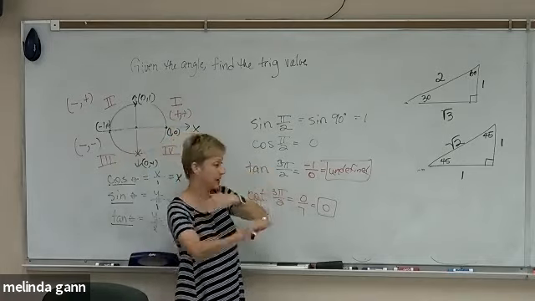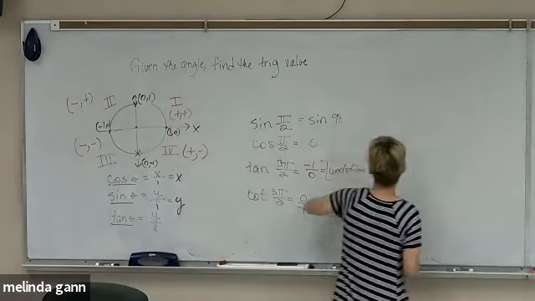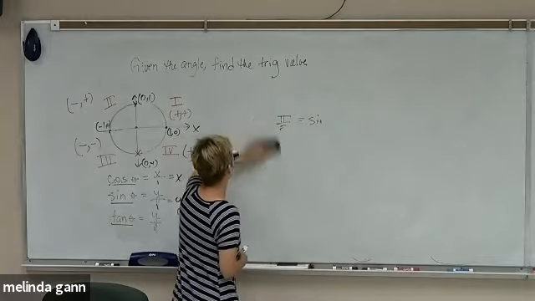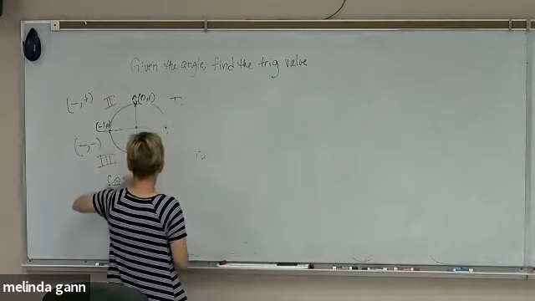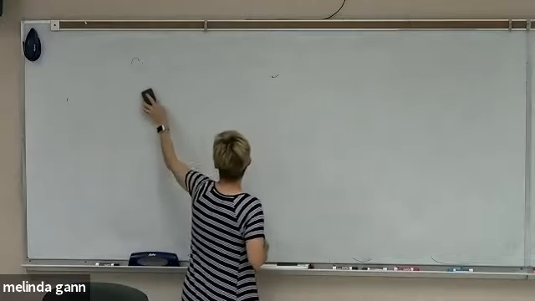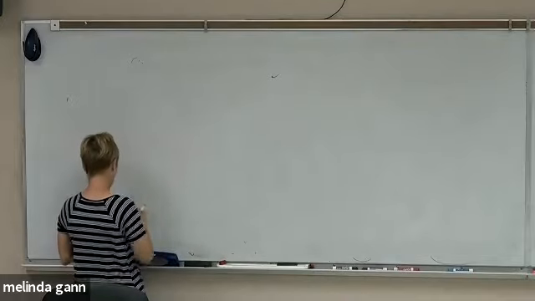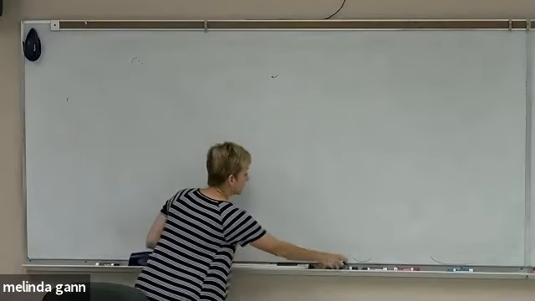Now we're going to flip it. What if instead I give you what you think of as the answer and I want the angle? Well, then you need to build the triangle. Let's get a marker that writes a little bit better.